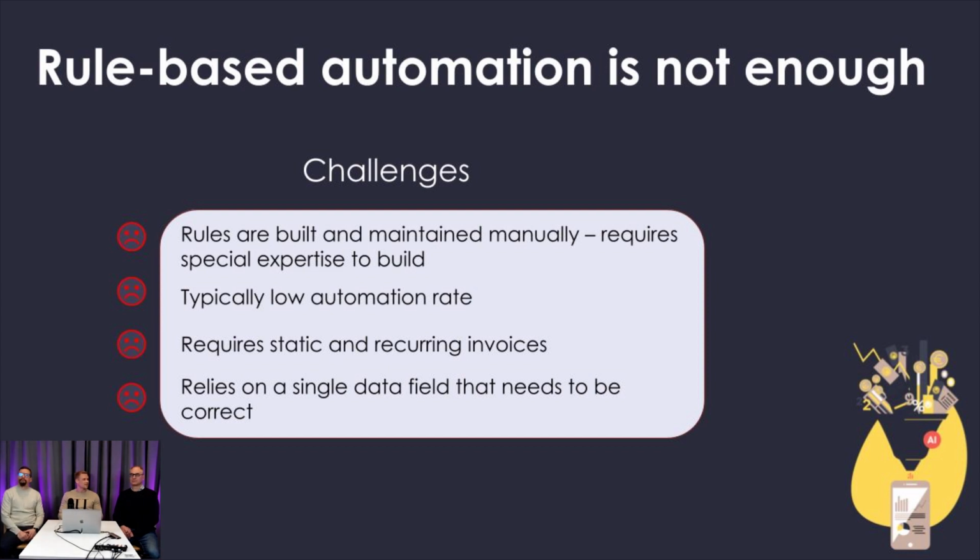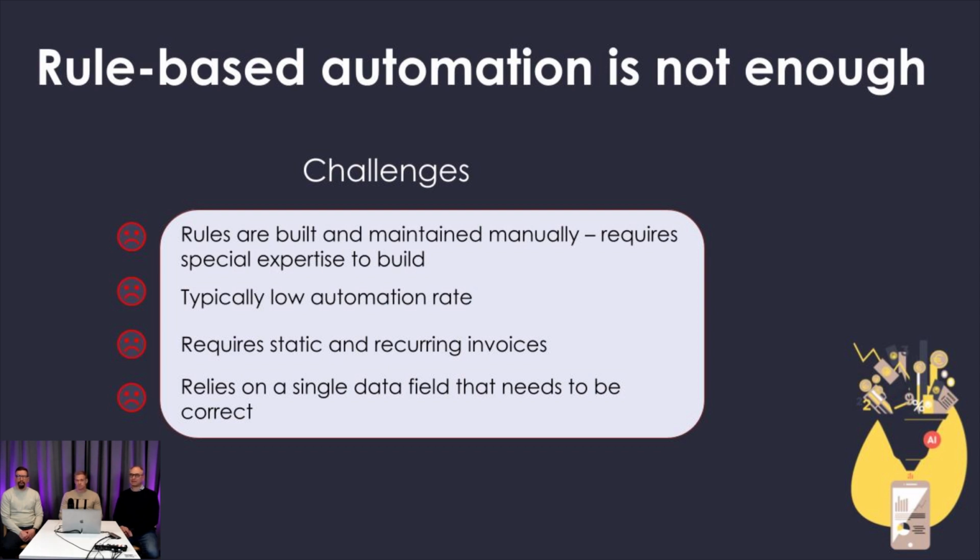Yeah, rule-based automation is where you set a predefined way of handling the invoices in the system, which means that when certain things take place or are true, then these next steps will take place. That's the rule-based approach, and how most things are automated today.